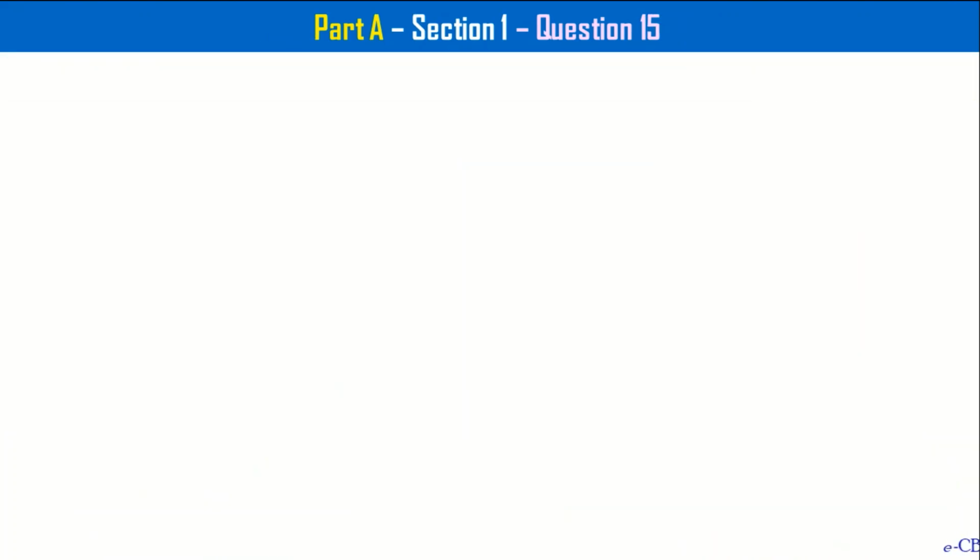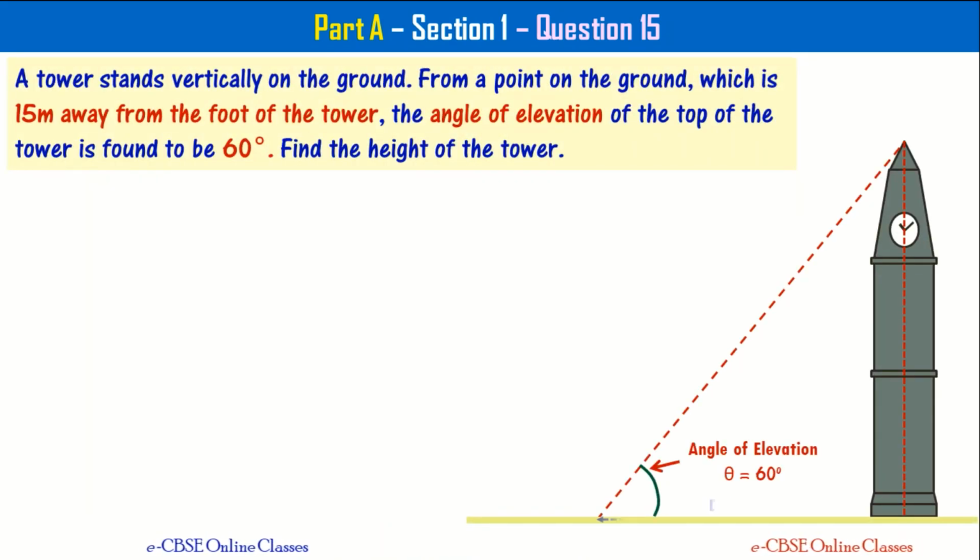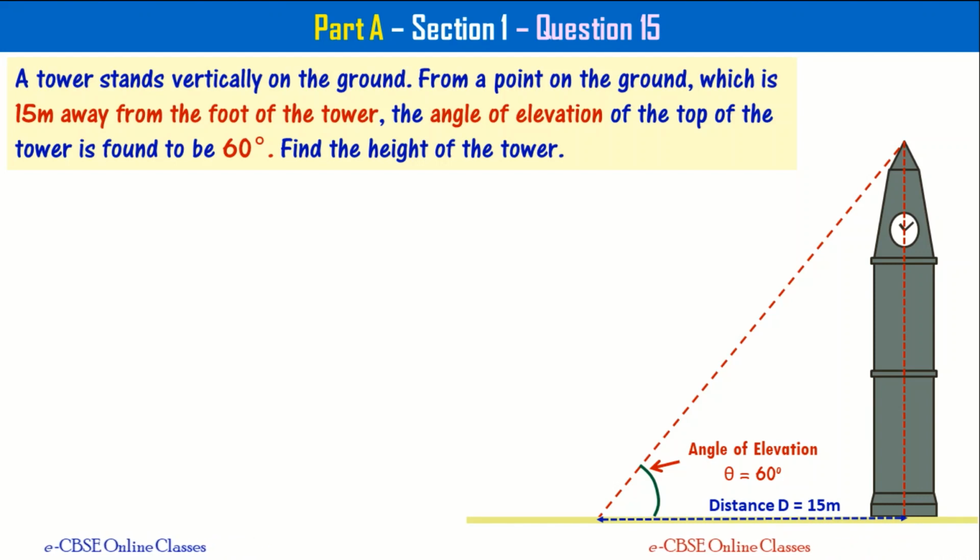Now let's take a look at question number 15. A tower stands vertically on the ground. From a point on the ground, which is 15 meters away from the foot of the tower, the angle of elevation to the top of the tower is found to be 60 degrees. Find the height of the tower, is the question.